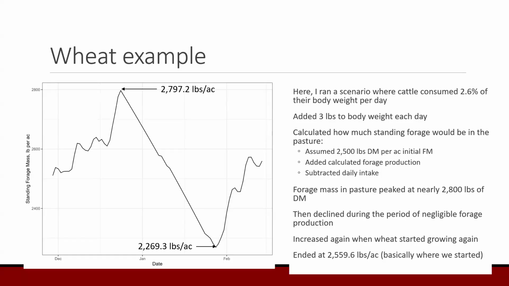Then after that, we go through a period of forage growth again, so that by the end of the grazing season, we have close to the same amount of forage mass that we started with. Does that make sense?